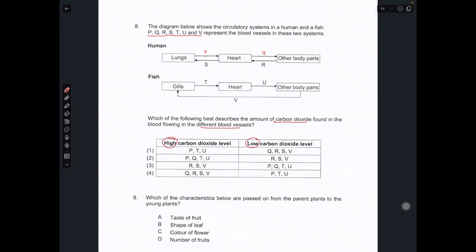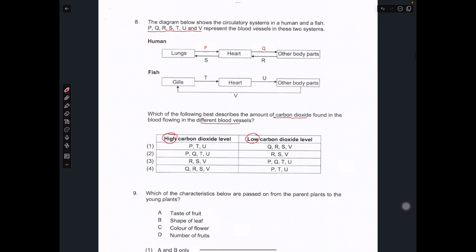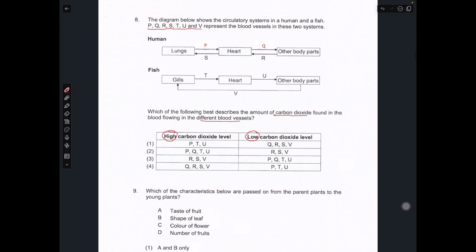So they are completely opposite of each other, so the letters should not be repeated. Let's take a look. The one that is high will be leaving the body. The one that is low will be after the lungs or after the gills.